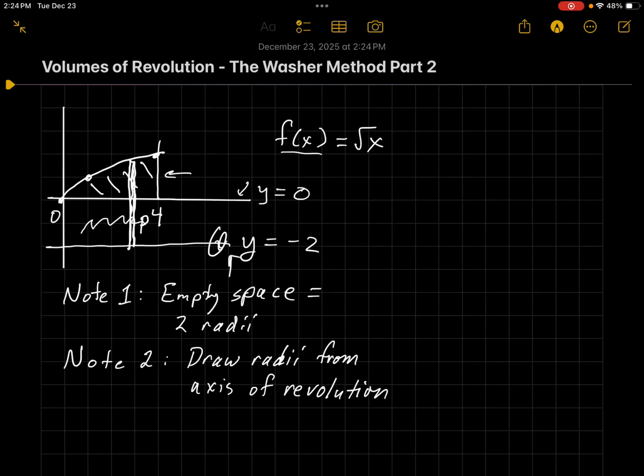I'll call that big R. The little radius should be drawn from the axis to the near side. I'll call that little r. Now these radii really should be on top of each other, but I draw them side by side so we can see them more clearly.